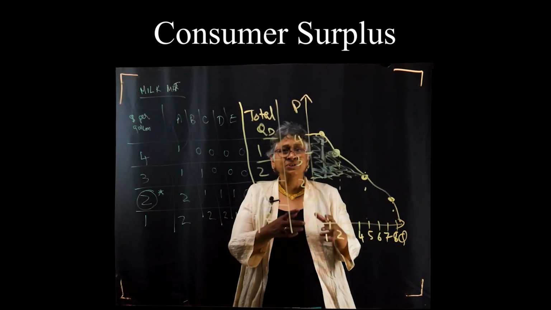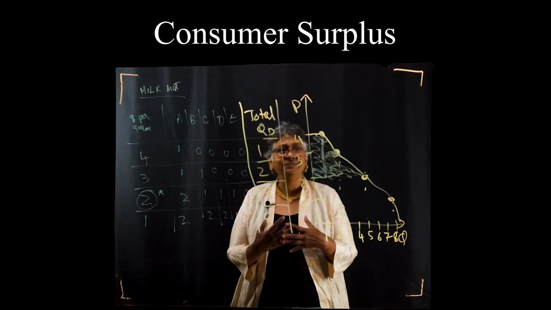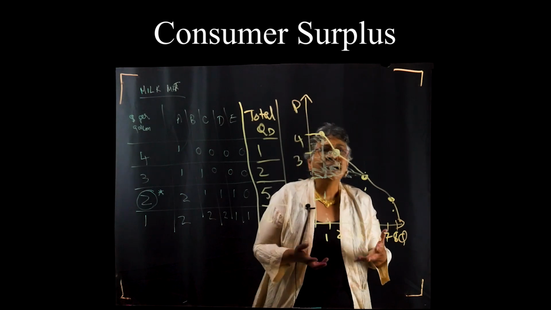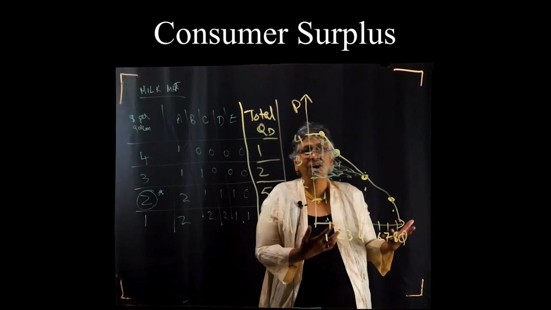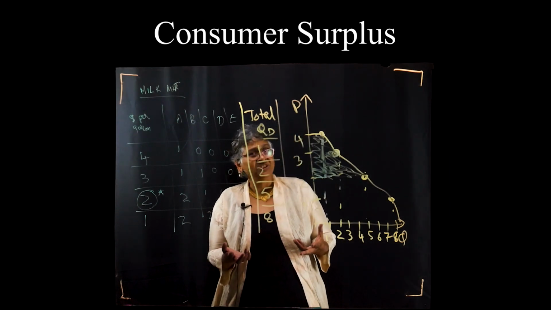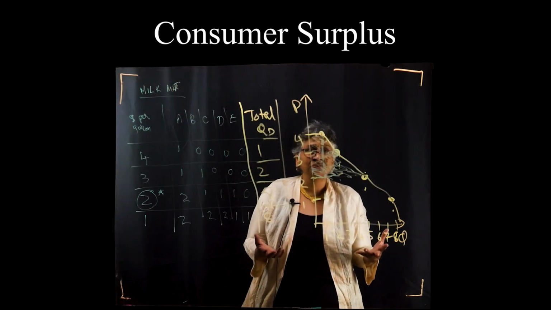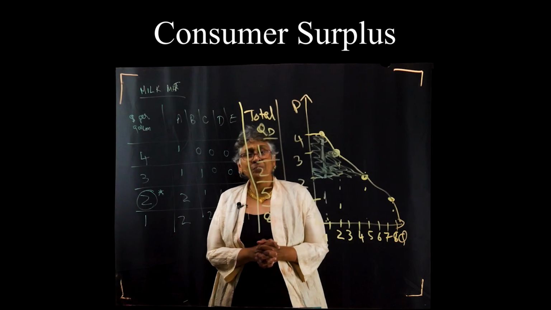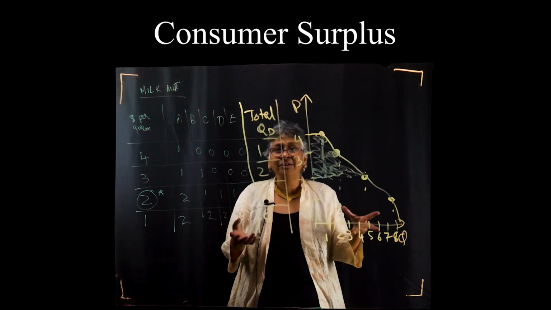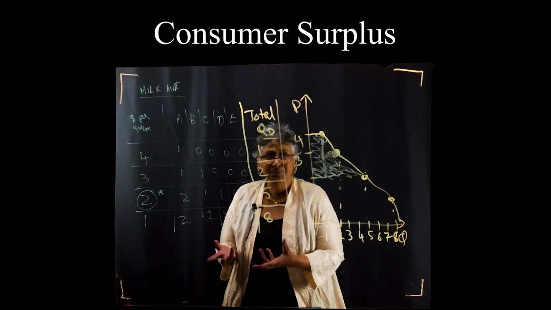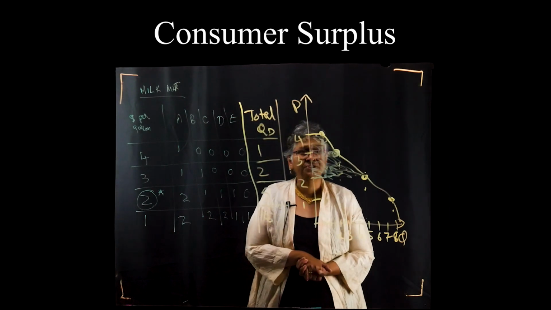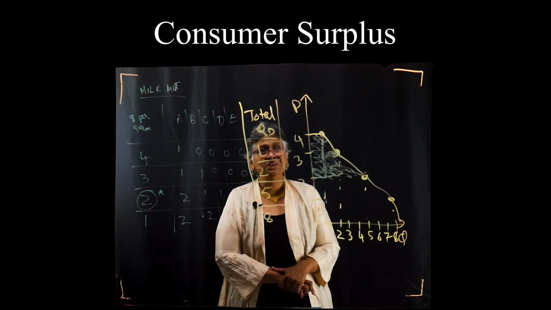Now, why is this useful? It's going to be very useful when we come to trade theory and we want to figure out what the benefits or costs are to consumers with trade. This is a major element of trade theory. When we come to the theory of externalities, the environment, public goods, non-profits, this is again going to be important.